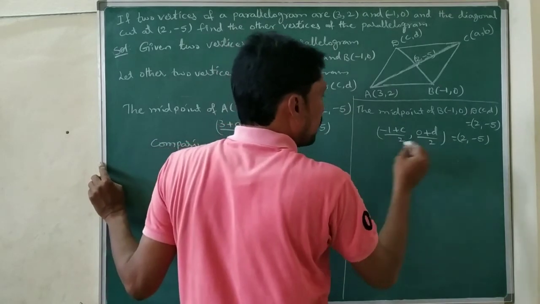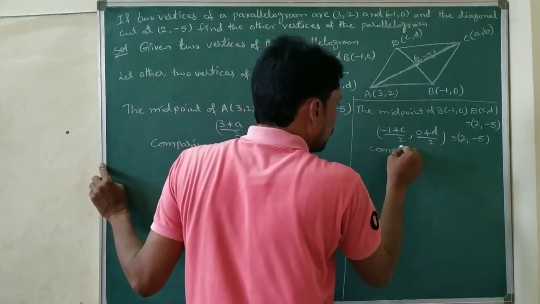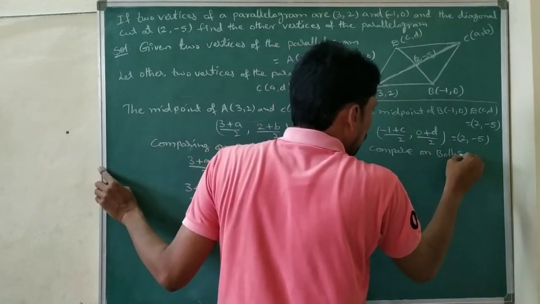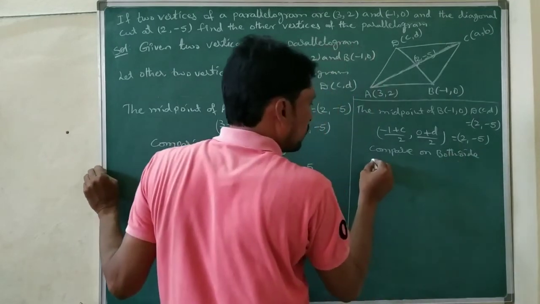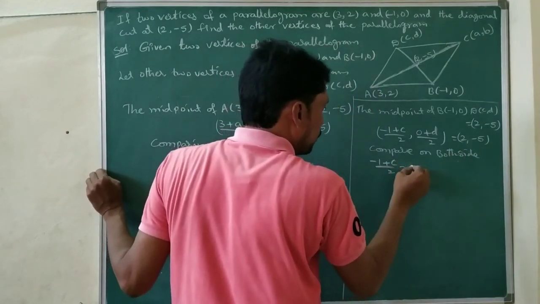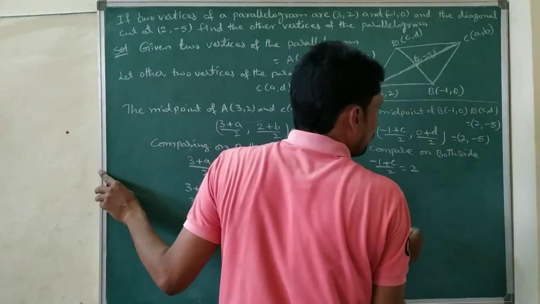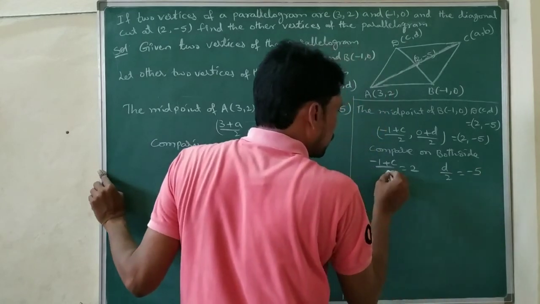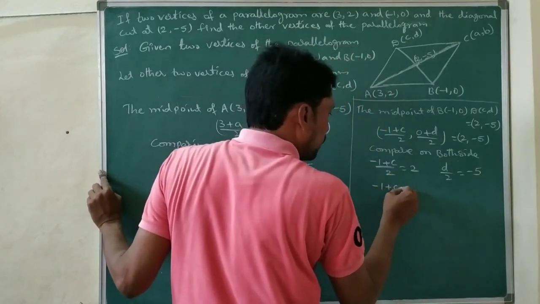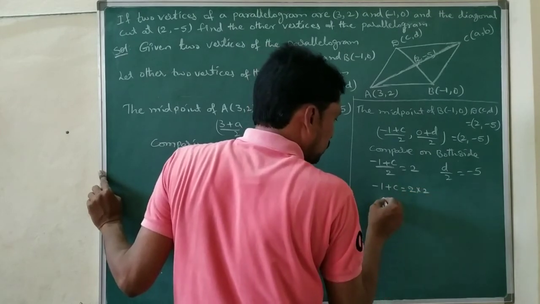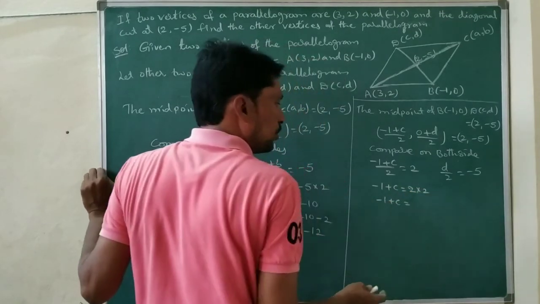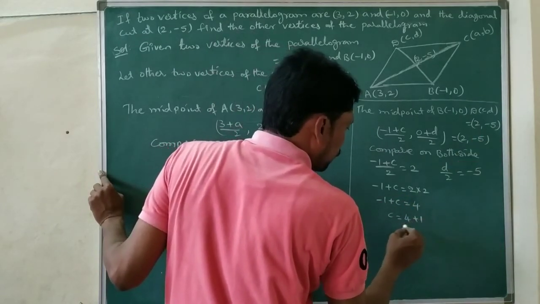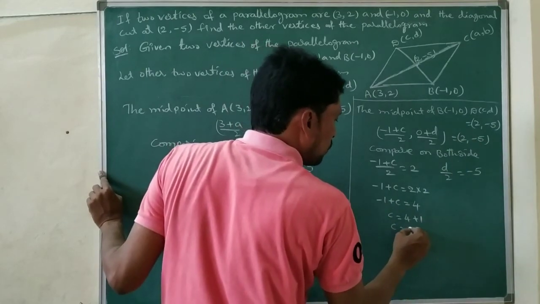Now comparing on both sides, we get (minus 1 plus c) by 2 equals 2, and (0 plus d) by 2 equals minus 5. So this 2 you can transpose: minus 1 plus c equals 2 into 2, that is 4. This minus 1 you transpose: c equals 4 plus 1, minus becomes plus. So c equals 5.